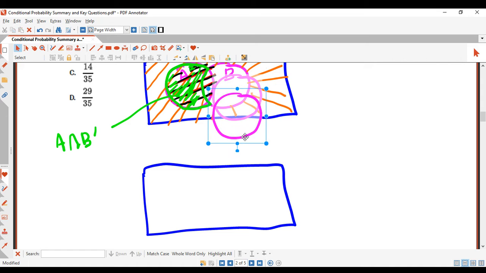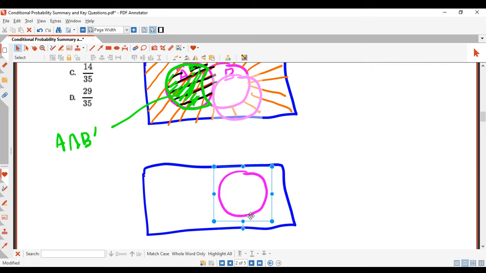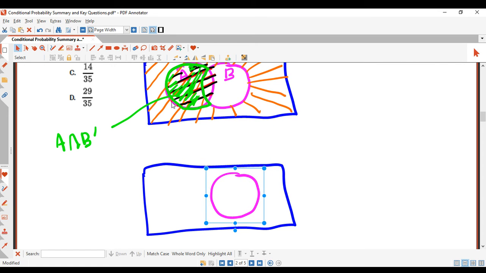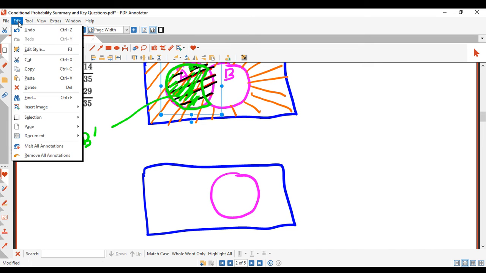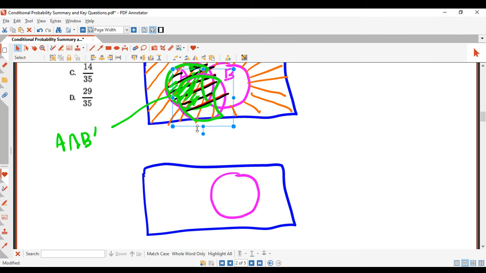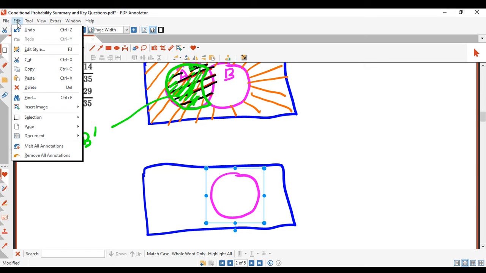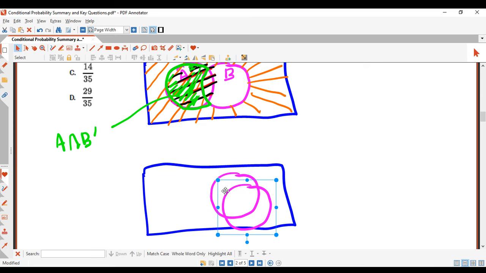Okay, so grab that. There it is. That's B. And I don't think we can do the same. Oh, we will try. Edit, copy, edit, paste. No, not quite. Didn't work. All right. Let's just copy and paste this then. Edit, copy, edit, paste. All right. So let's move that over here.